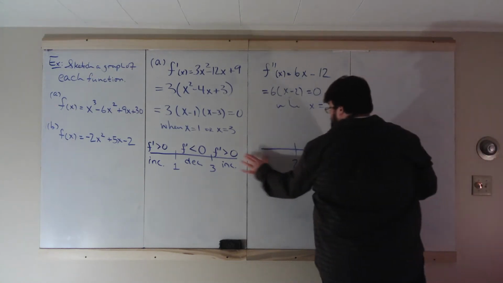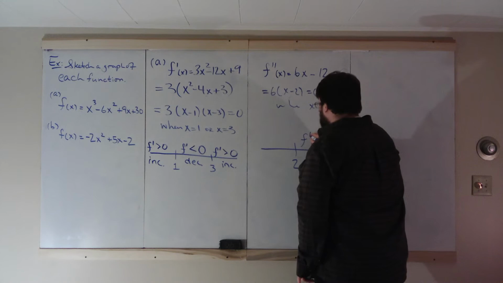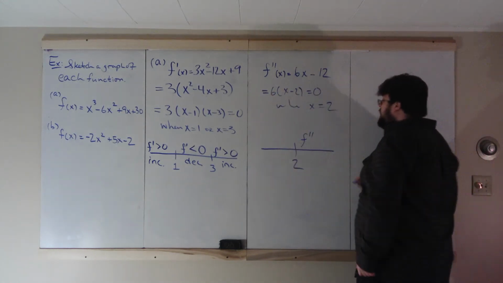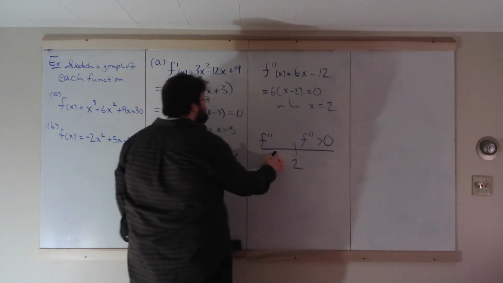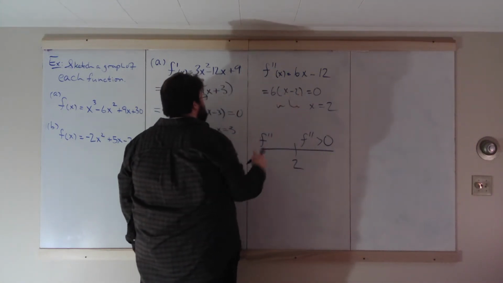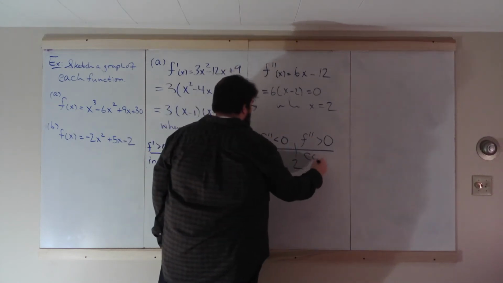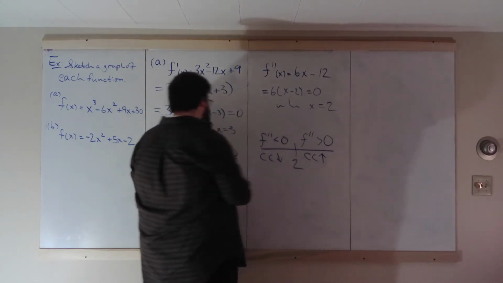And over here, it will always be positive or negative. Choose a point here, say 3. Substitute there, you get a positive. Take a point here, say 0. Substitute there, you get a negative. Second derivative positive, concave up. Second derivative negative, concave down.